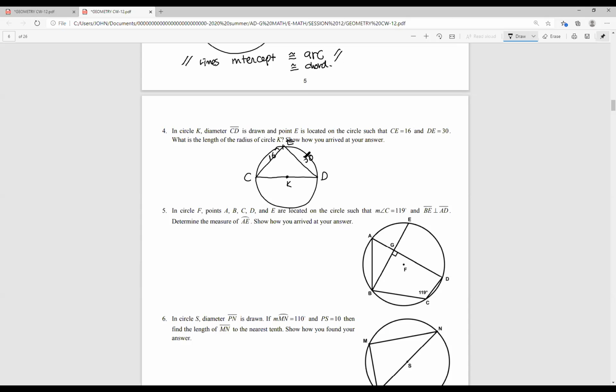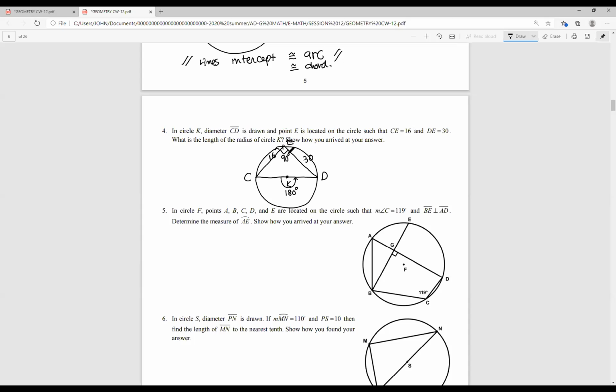What is the length of the radius of the circle? Oh, we know that this triangle is always a right triangle, right? Because this right triangle is built on this semicircle, which has the diameter, right? Any triangle built on a diameter is always a right triangle, because this is the center angle 180, inscribed angle 90, right?